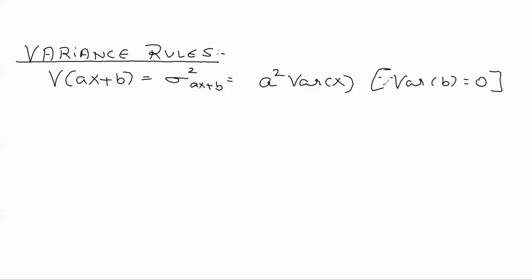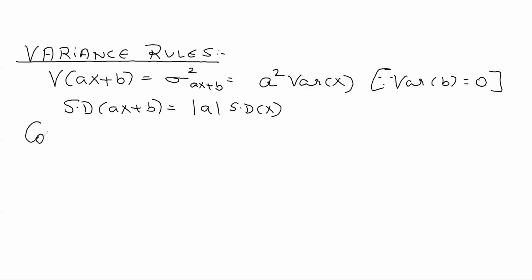So variance of ax plus b will be a square times variance of x. Standard deviation of ax plus b will be mod of a into standard deviation of x.